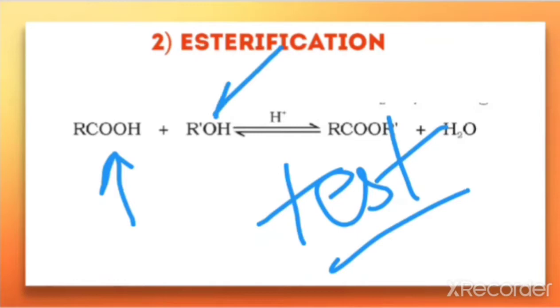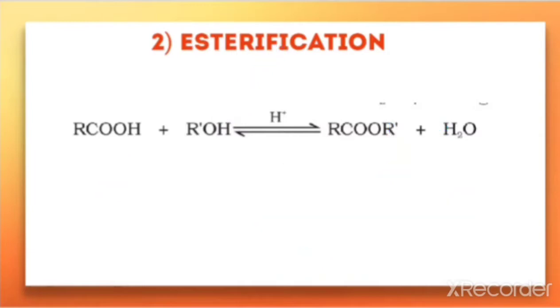We can also identify the presence of an alcoholic group by this test. So we are able to distinguish the acid from any other functional group by this ester test, which we do in the laboratory. The fruity smell shows the presence of ester, and thus it shows the presence of the carboxylic acid group.